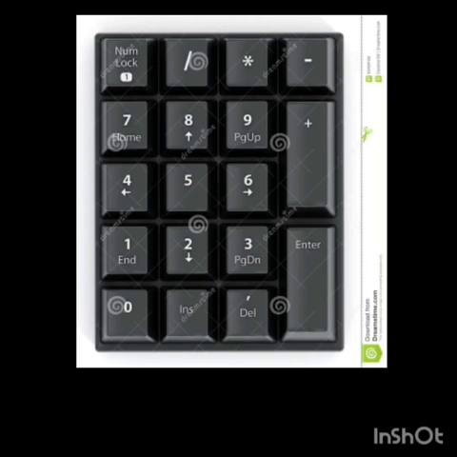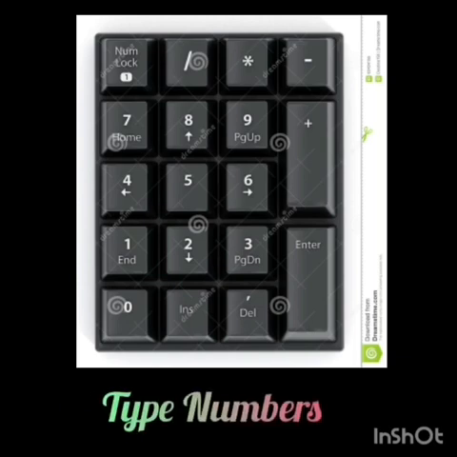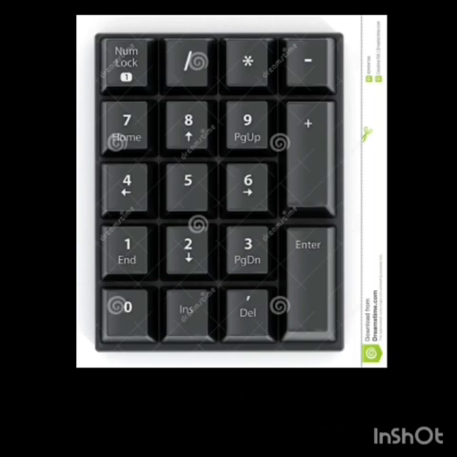Second, numeric keys. It means number keys. They are placed at the top of the alphabet keys and on the right side of the keyboard. Number keys are 0 to 9, which are used to type numbers on the computer.